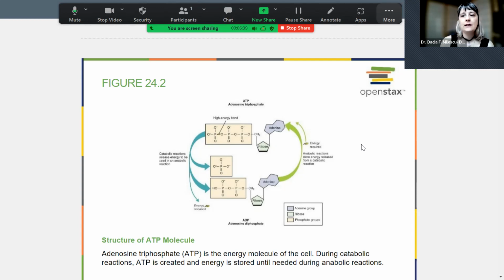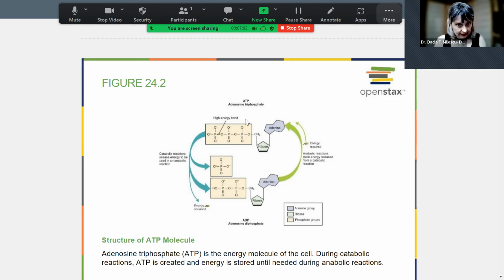When our cells need to build something, and anabolic means to build, any kind of anabolic reaction or cellular process, your ATP is going to be utilized in the form of energy expended to make that action happen.